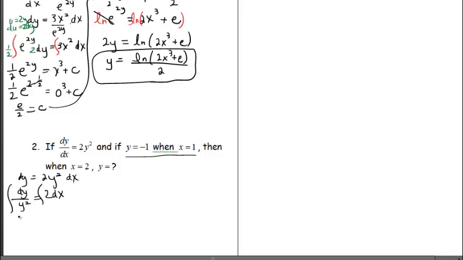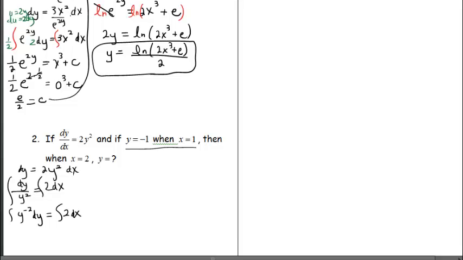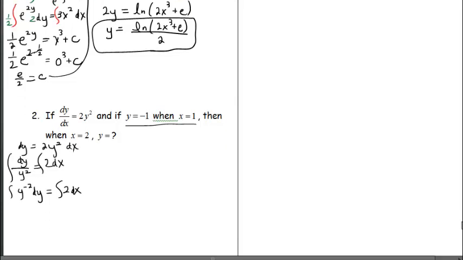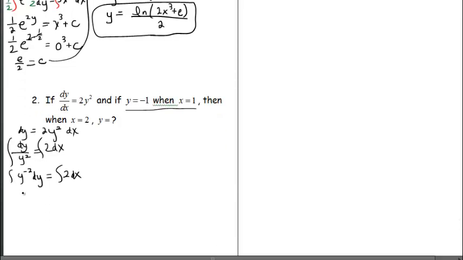Okay, I see this as pulling this out of the denominator, y to the -2 dy, and doing a reverse power rule. So increase to -1, divide by -1, which is just negative y.